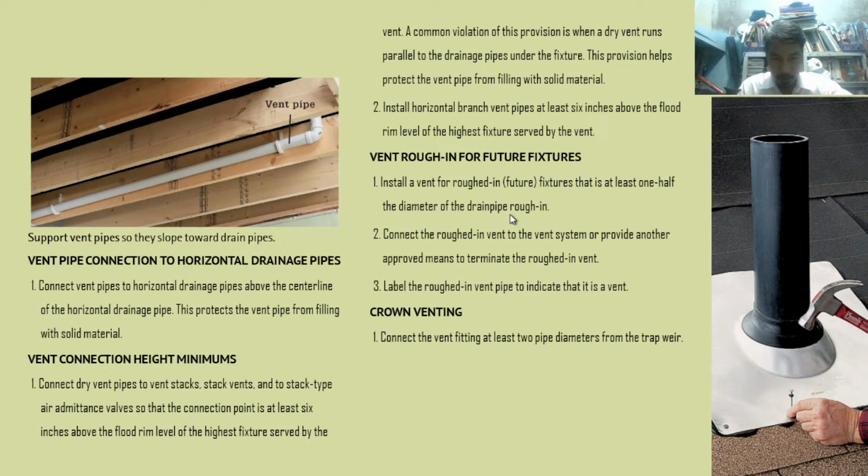Then label the wrap in vent pipe to indicate that it is a vent. Sometimes we can do color coding of pipe so that we know what is vent, what is drain, what is waste. So DWV: drain, waste, vent.